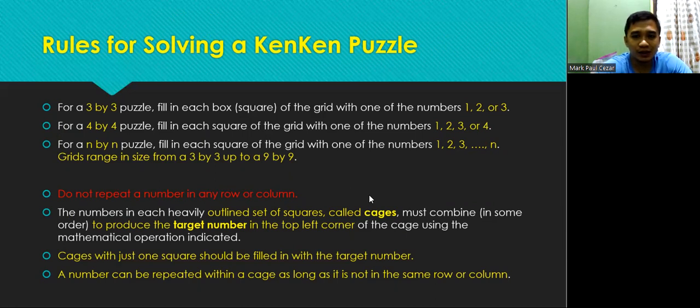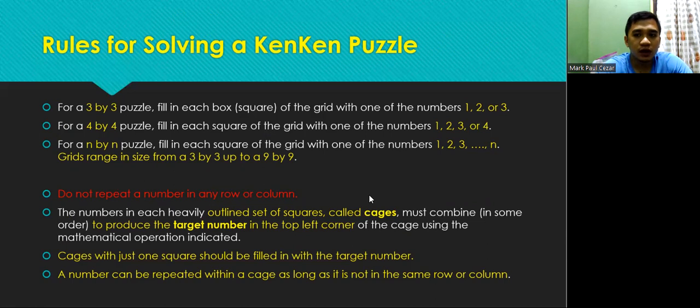The numbers in each heavily outlined set of squares are called cages. They must combine in some order to produce the target number. Here we are going to have a target number in the top left corner of the cage using the mathematical operation indicated.